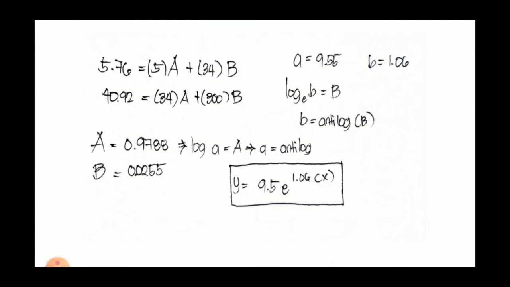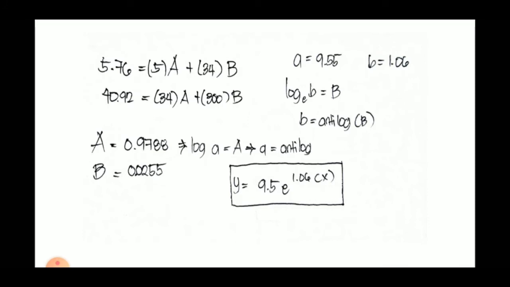So this is not the final value of our exponential equation, because this involves big letter A equals log A. To find the value of small letter a, based on our exponential equation y equals small letter a times e raised to bx, you need to find the anti-log, which is also solved on the calculator. Anti-log is shift log.